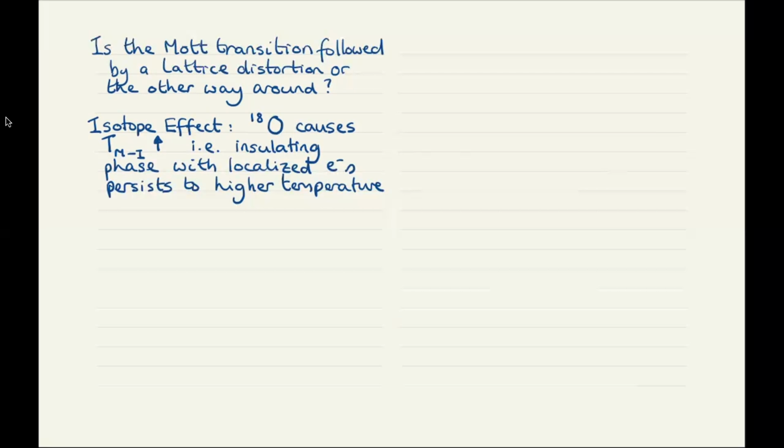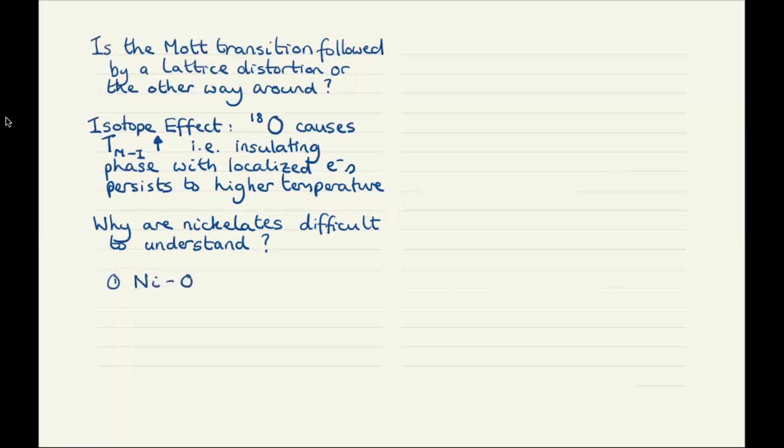So why is it so difficult to understand the nickelates? They're a very active area of research, to answer exactly this question of whether the phase transition is really Mott-like, if it's really driven by the Coulomb interaction, or if lattice effects are more important. And there are a number of reasons. The first is that the nickel-oxygen covalency is very high.